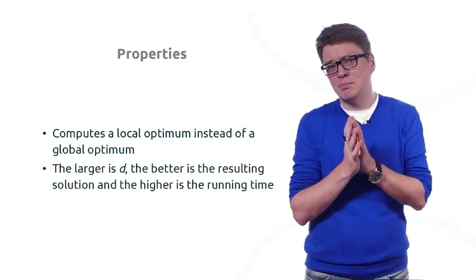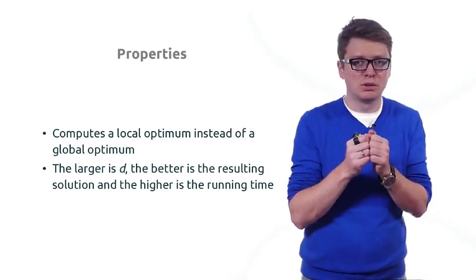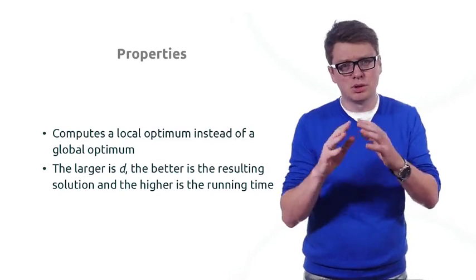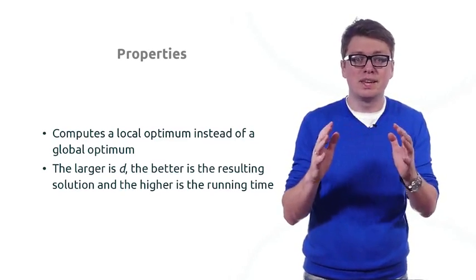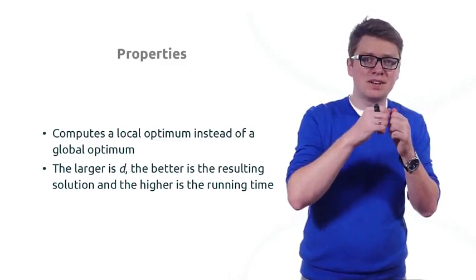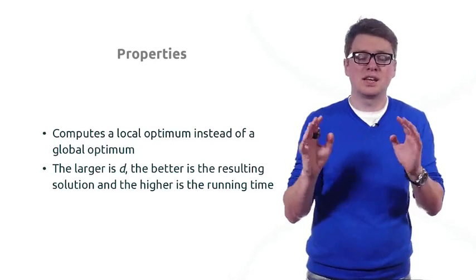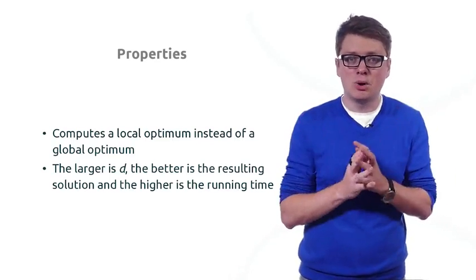And if it is not possible to improve it with, for example, d equal to 2, then probably it is possible to improve it with d equal to 3. We will see such an example in a minute. So by increasing d, we actually increase our chances of finding a globally optimum solution.